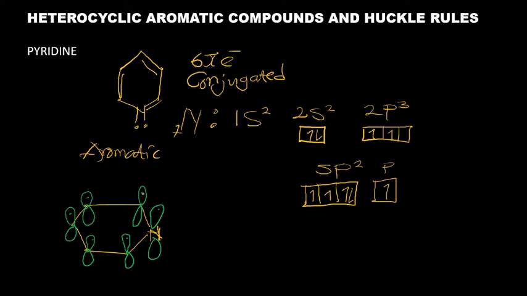If you take the nitrogen, we have these two combining to give us a pi bond, and then we also have this overlapping to give us a pi bond, as well as this overlapping. But then we have another orbital here with these two electrons in it.